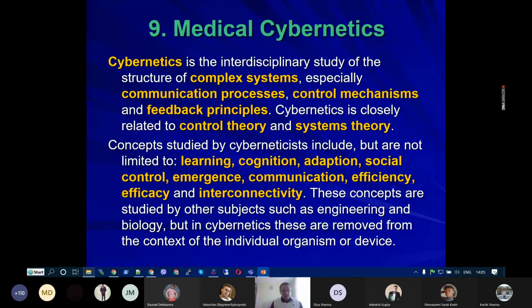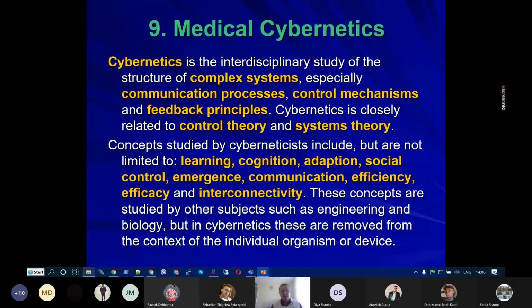Medical cybernetics. Before talking about medical cybernetics, just a few words about cybernetics in general, which is actually difficult to understand. And I have to admit that I am not a professional in cybernetics, despite being interested and working, and having some scientific publications which could relate to medical cybernetics, but my primary area is electrical engineering.